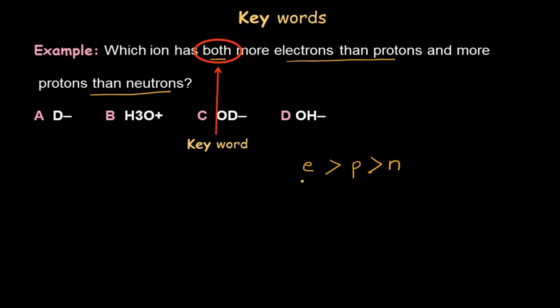So the maximum in our answer should be the number of electrons, and the least should be the number of neutrons. To find this, we need to find the total number of electrons, protons and neutrons in each and every ion, and then we can work this out and find the answer.